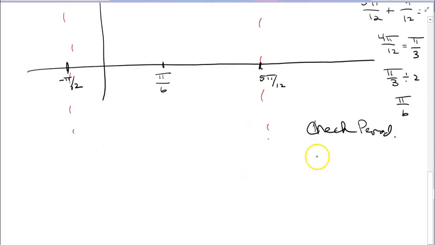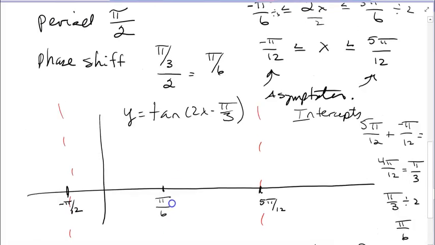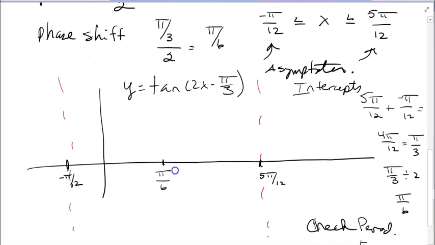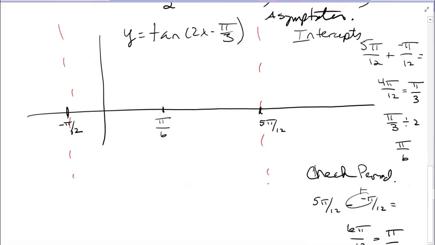Well, the period is the distance from 5 pi over 12 minus negative pi over 12. That's plus, so that's 6 pi over 12, which is pi over 2. And it's exactly what our period should be. So that tells you you're in pretty good shape.